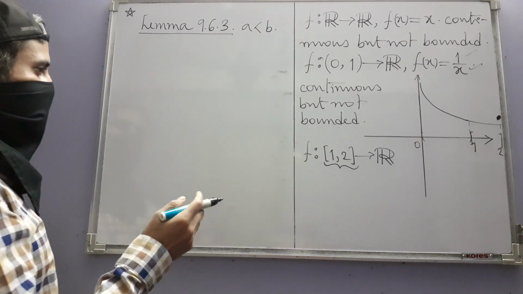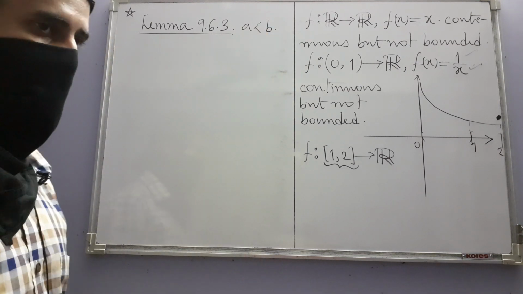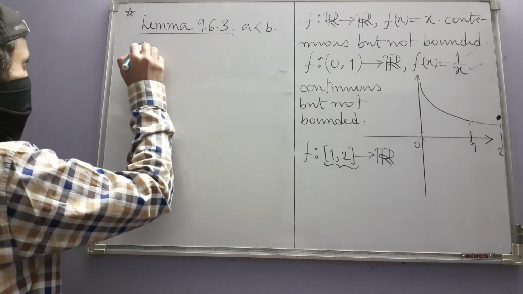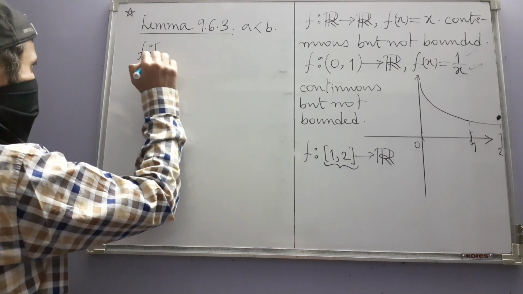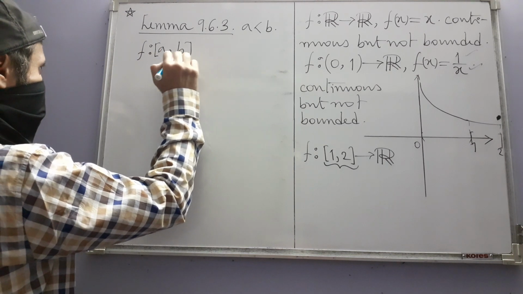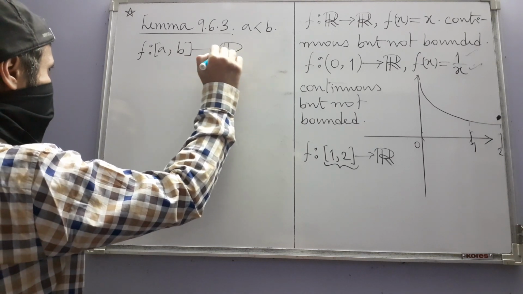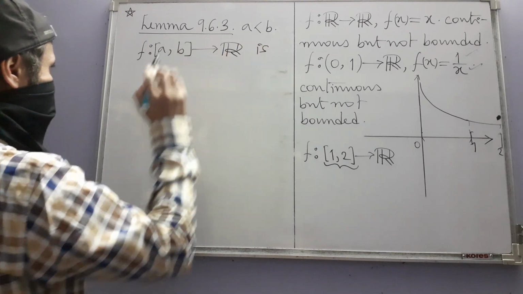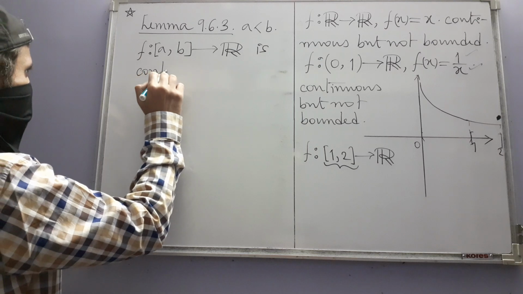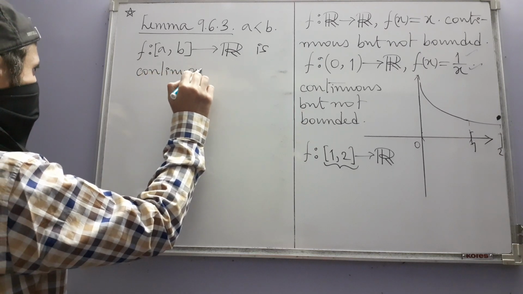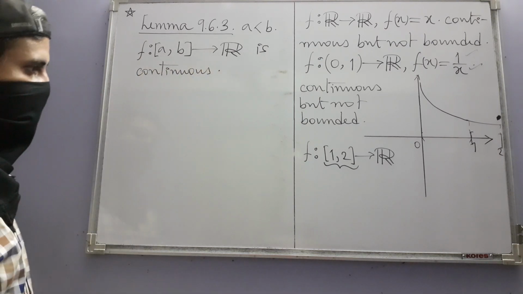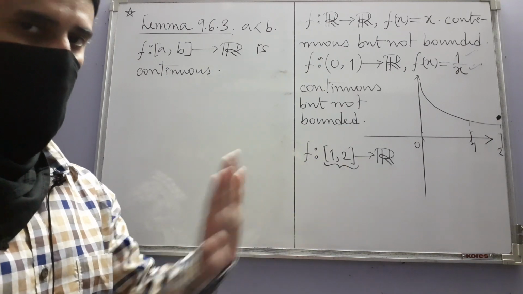Say a and b are two real numbers where a is less than b, and suppose this is a continuous function. So now the function is like this and it's continuous.